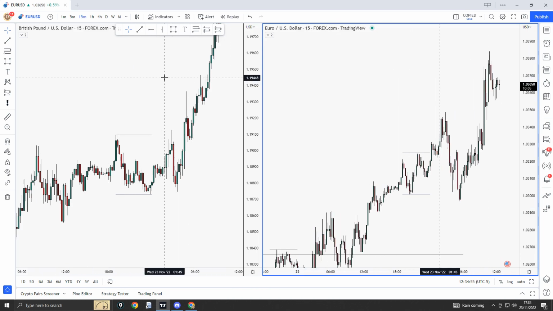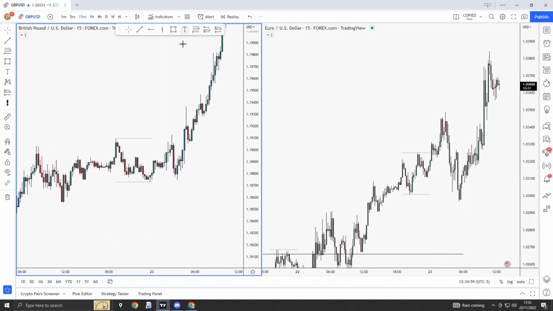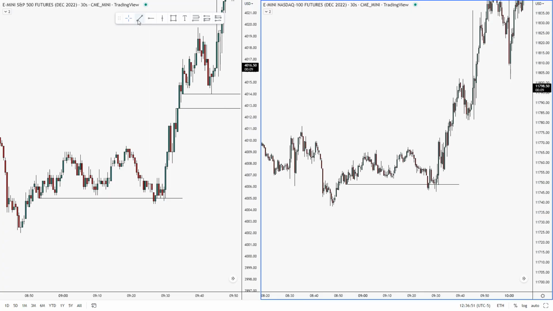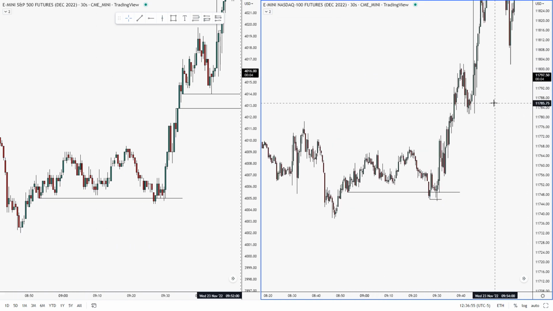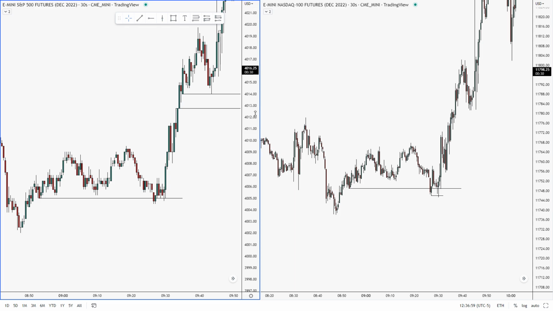We can also look on 1 minute, 30 second, even a lot of different time frames. I'm going to find an example now for you. All right, we can see it on ES and NQ today. This is another pair that you can use for SMT.